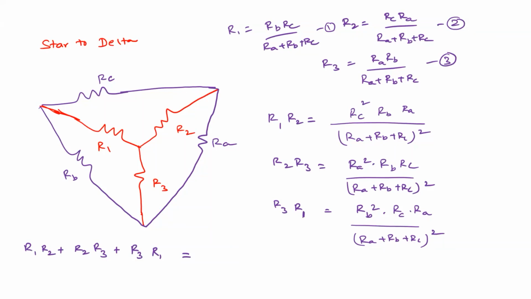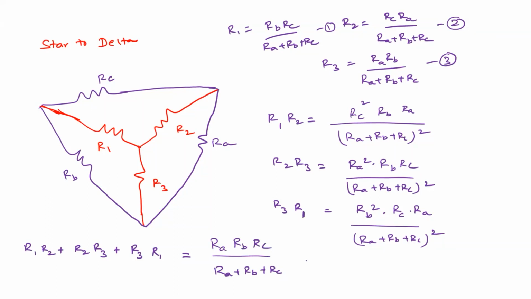The final one you will get is RA RB RC upon RA plus RB plus RC. Good. Yes. Right.